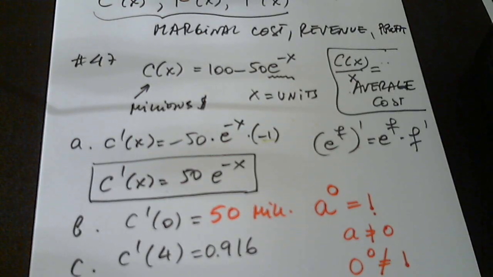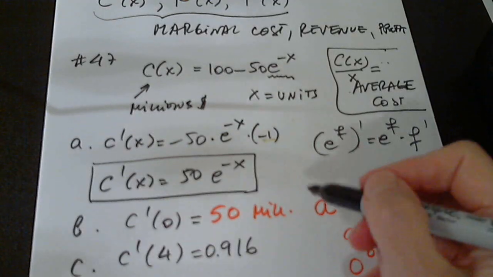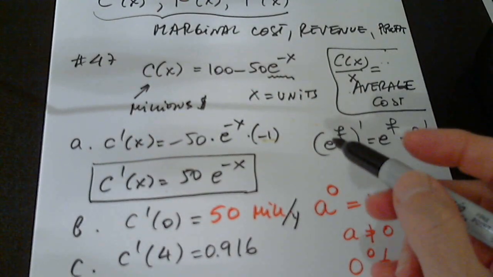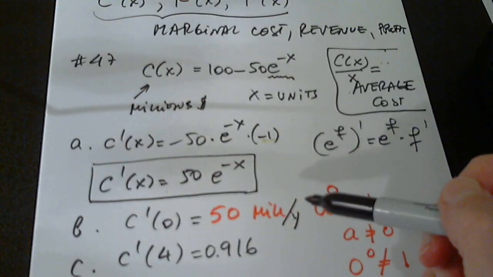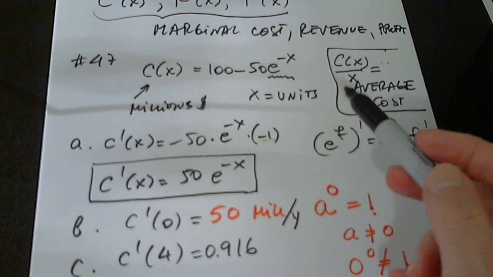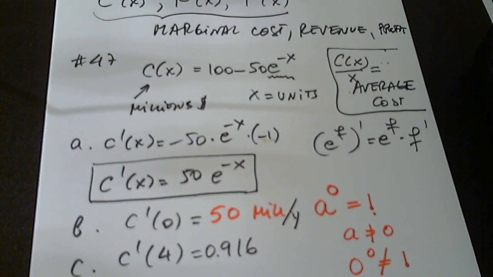Like the rate of change, I cannot drive at 50 miles. I drive at 50 miles an hour. And the same thing here. So this was 50 million. Let's read the question one more time just to make sure, because I missed that myself.